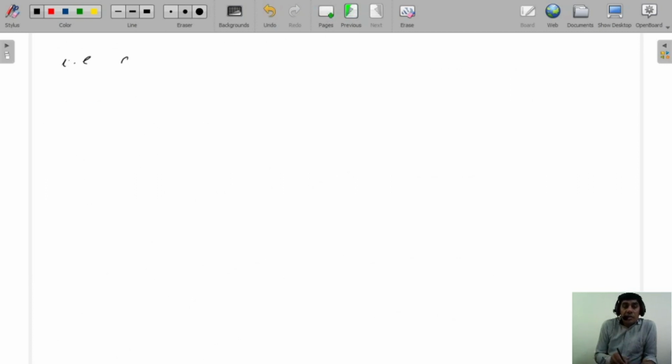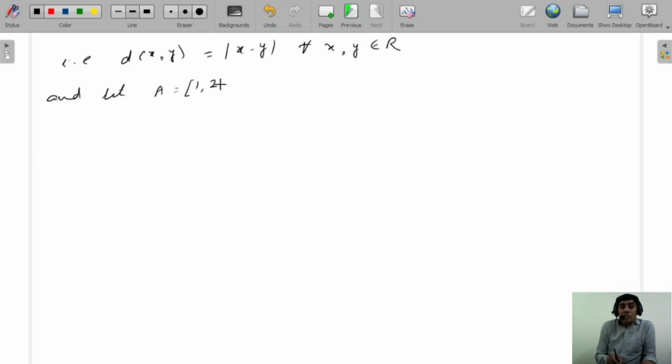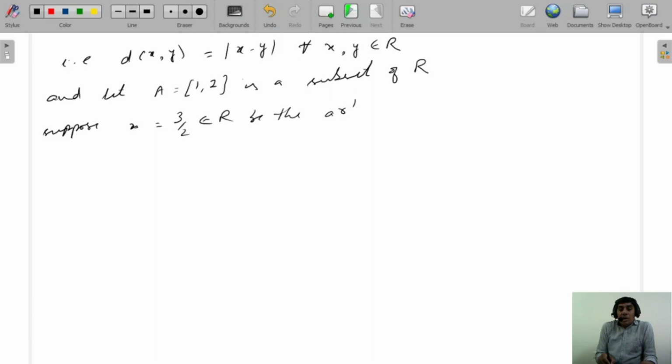That is, d(x,y) is equal to modulus of x minus y for every x, y belongs to capital R, and let A is equal to [1,2], a subset of R. Suppose x is equal to 3 by 2 belongs to R be the arbitrary point.